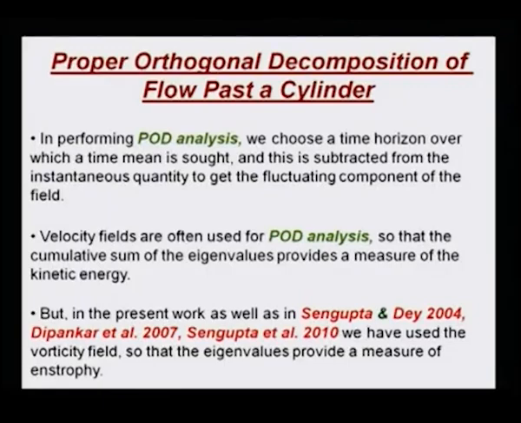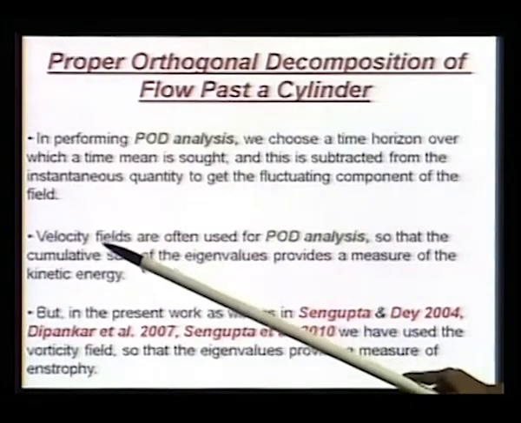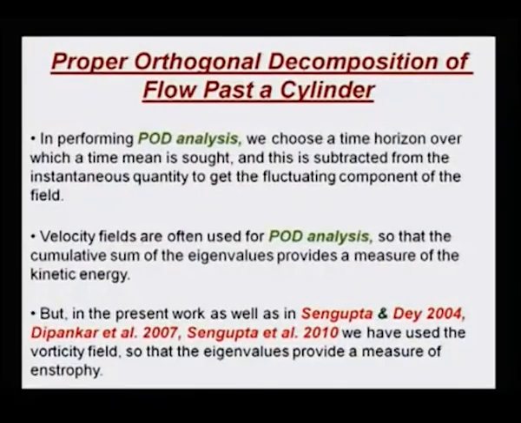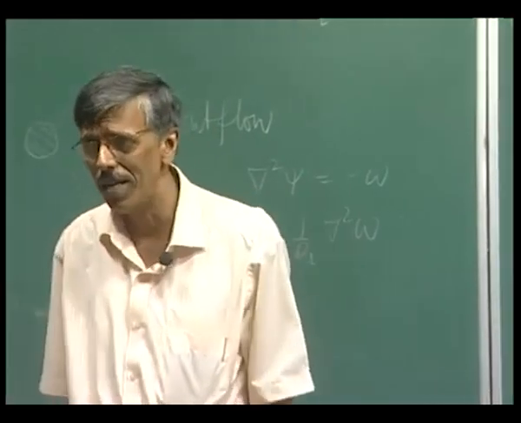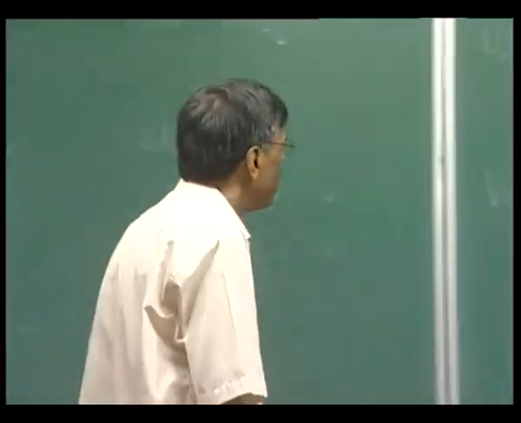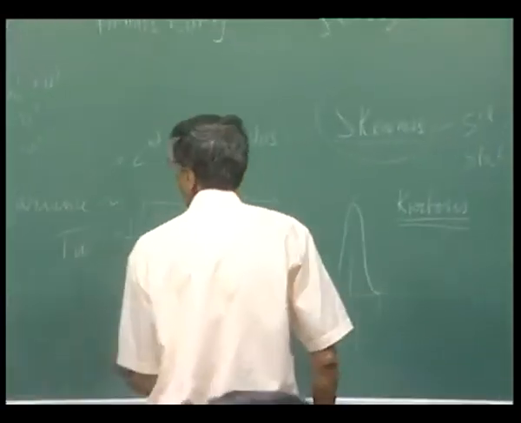So, if I use the velocity field to define the disturbances, then we are going to get an estimate of the kinetic energy. And if we use vorticity as the disturbance field, then what we get is called the entropy.